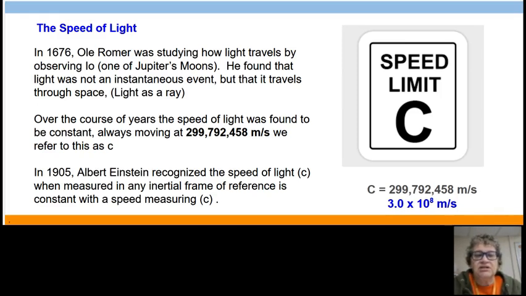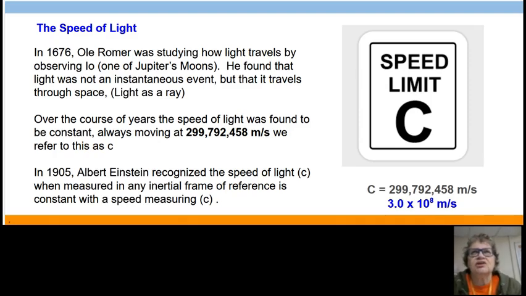Now, in 1905, Albert Einstein kind of took that and started to run with it. He said, if I look at light from the observer's reference point, we already know that the speed of light has to be 3 times 10 to the 8th.